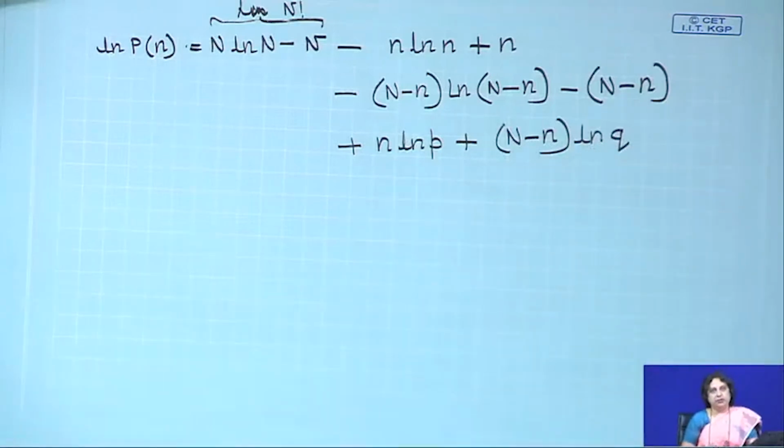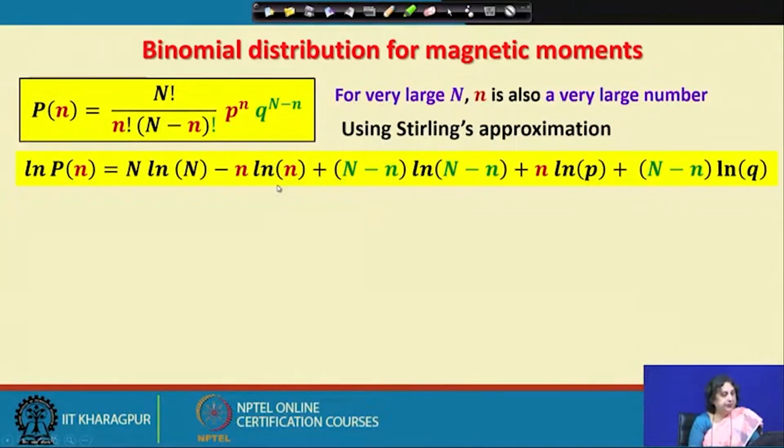I can do a little bit of algebra, get rid of all the terms that I do not really require, and this is what I am going to get.